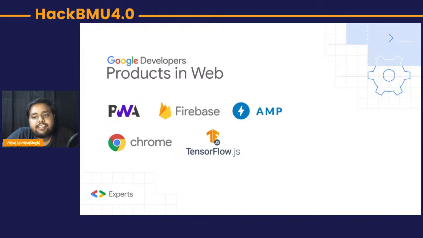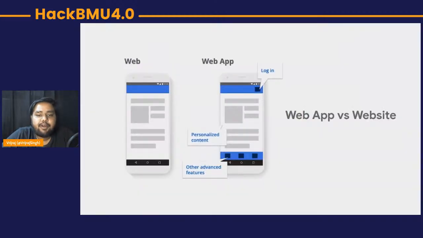I know this order is different from what you have seen in your day-to-day life. These are a few technologies in the web platform which you can use to make your web solution more highly scalable, performant, and accessible. So let's start with the first platform or product.